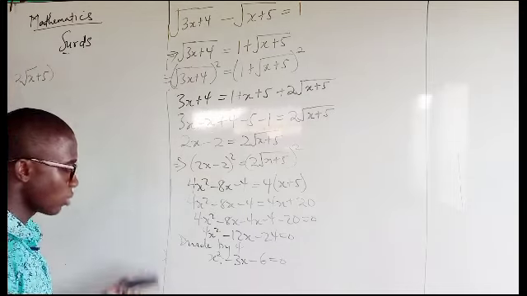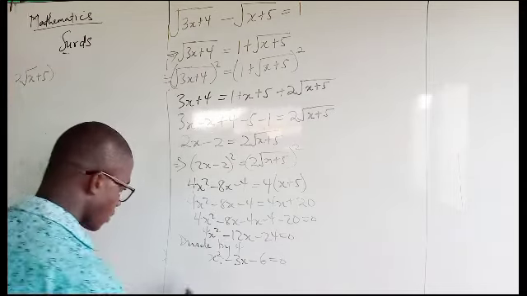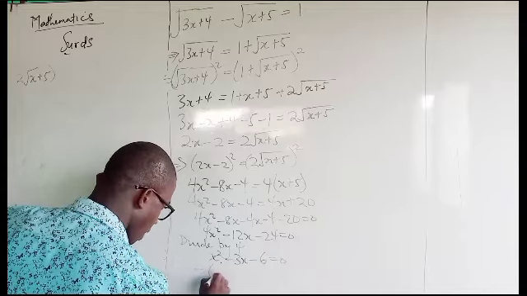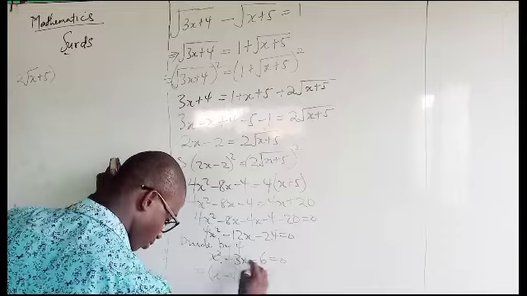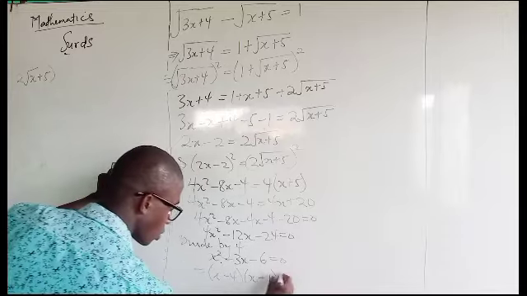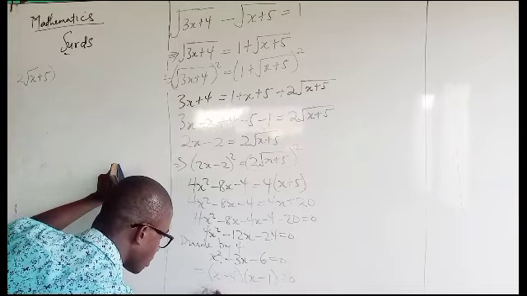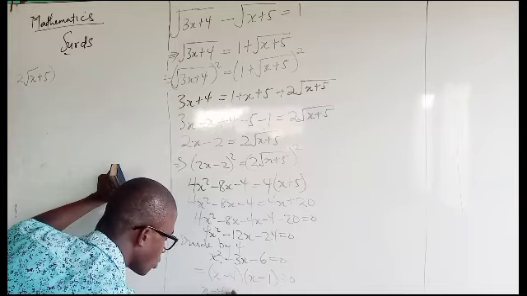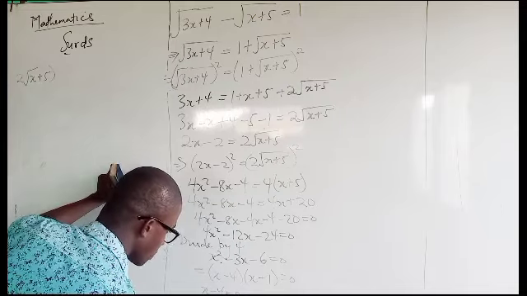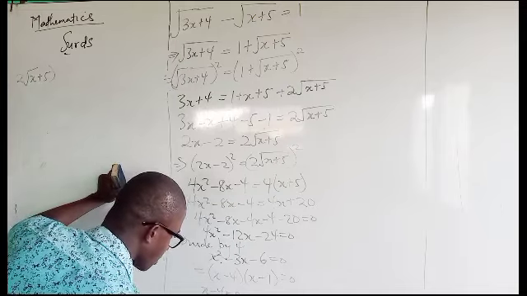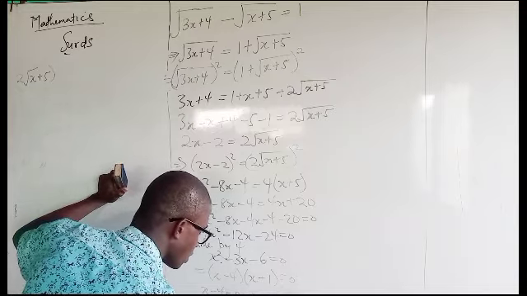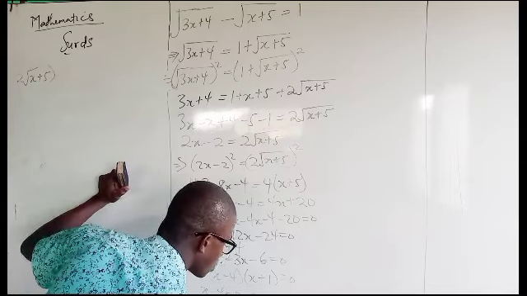So I'm going to use this in working it. The answer for this is going to give us x minus 4, x plus 1 is equal to 0. So x minus 4 is equal to 0, x is equal to positive 4, or x plus 1 is equal to 0, x is equal to negative 1.